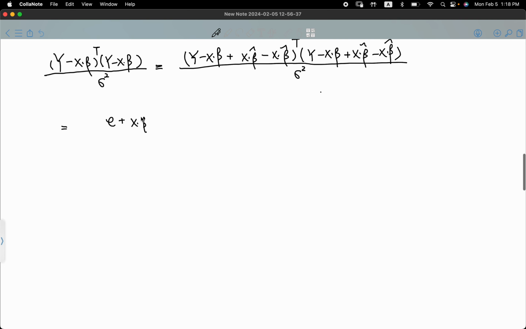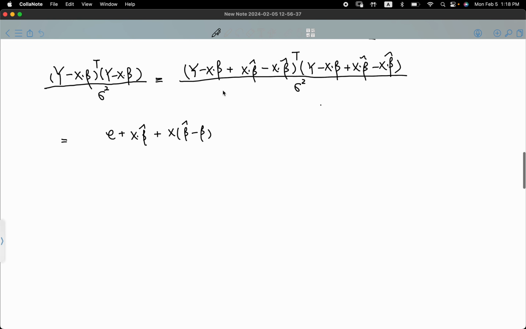Plus one copy of x beta hat, and then plus x of beta hat minus the true beta. So this copy coming from here, and then beta hat minus beta.